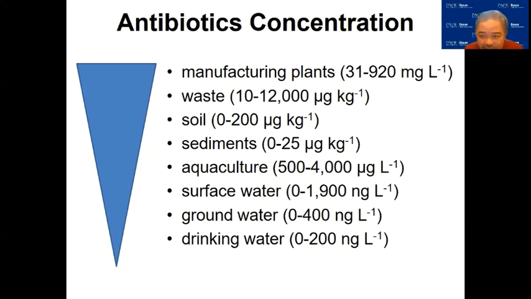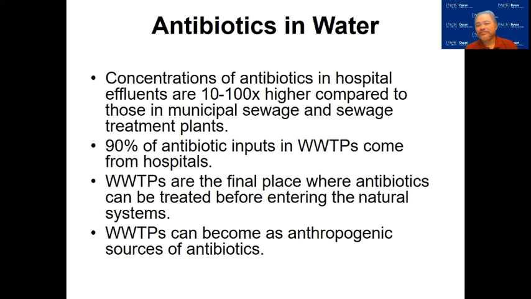In China, in most of the papers they have, the levels are just so high. I think that country is just so polluted with antibiotics. Now, in water, I already discussed some of the concentrations in the previous slides. Usually the antibiotics in water are the ones coming from the hospital.